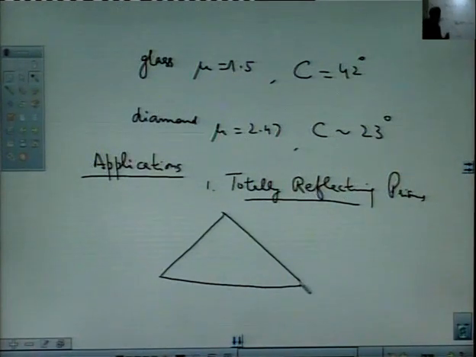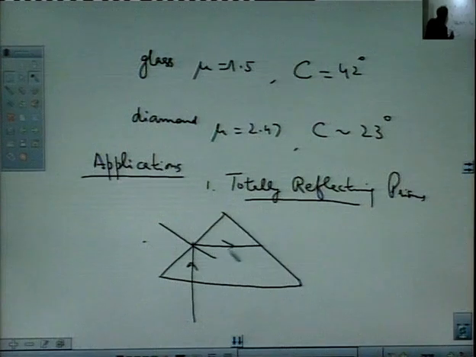If light strikes such a surface and this angle is greater than the critical angle, it will reflect like this. Again, this angle is greater than the critical angle, it will come back.